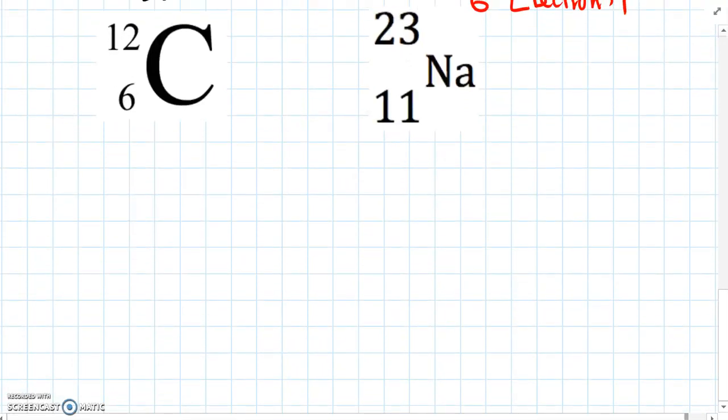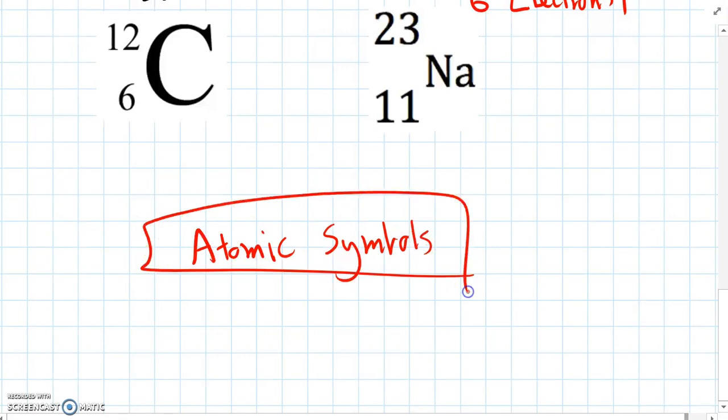So lastly, we're going to look at the proper way of writing atomic symbols. So we've already learnt before that every element has its own special symbol, and this is just a letter or 2 letters that represents it. So we've got C for carbon, but then on top of that, scientists also write the atomic number at the bottom left corner.